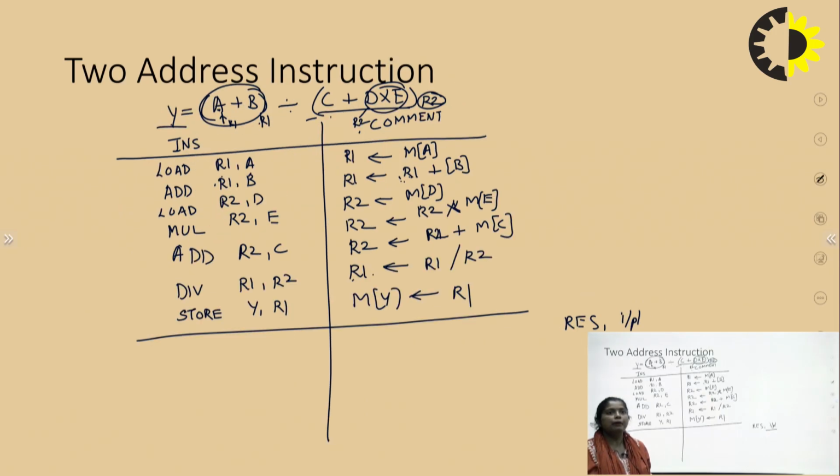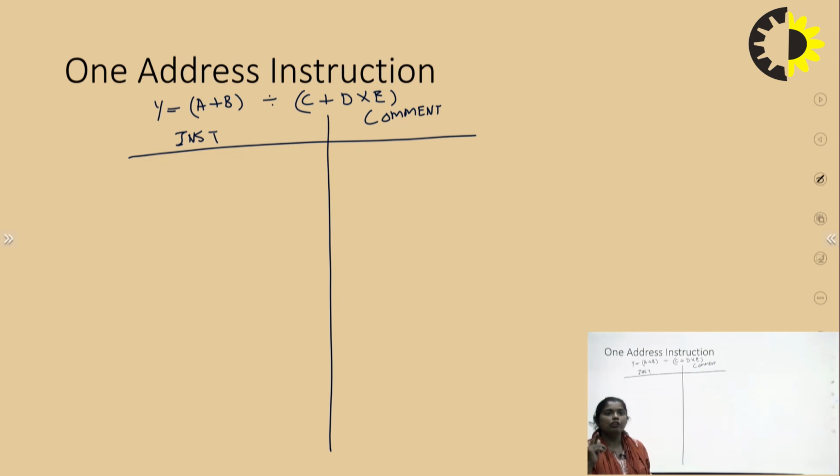But in the one address instruction, there is only one value, the accumulator value, and in the instruction only the result will be there. No input 1 or input 2. Then all the values will be stored in the accumulator, and this accumulator is called a processor register. All the processing is done in the accumulator.